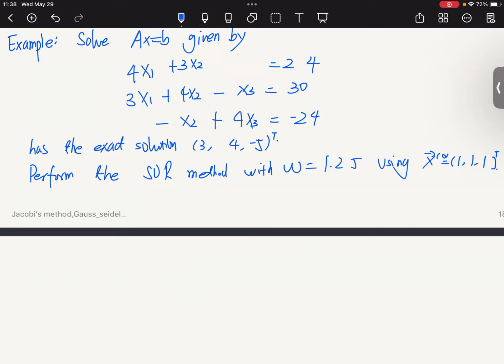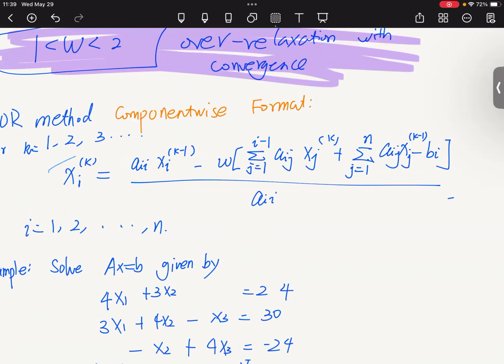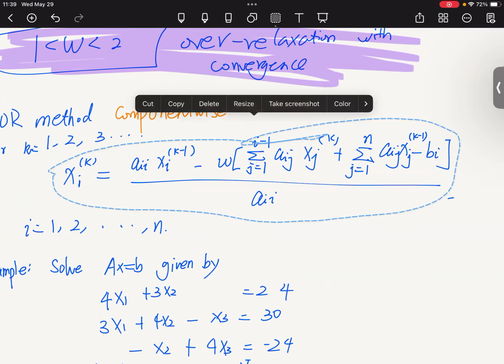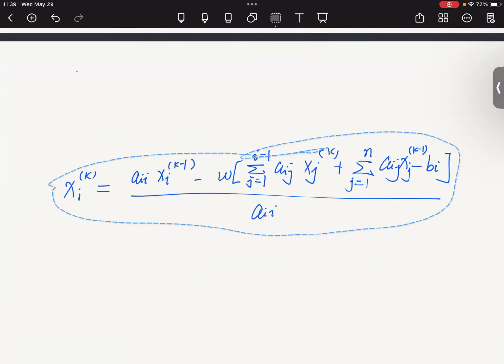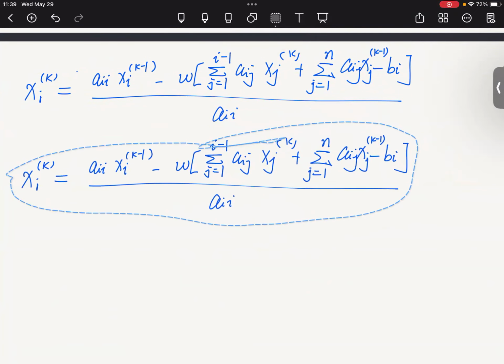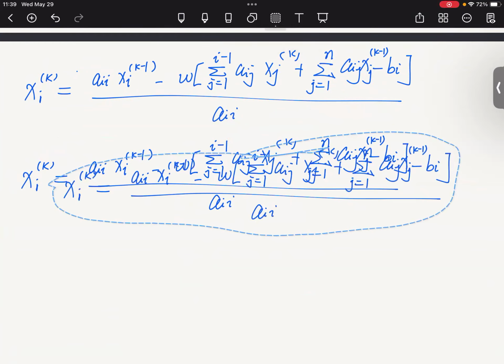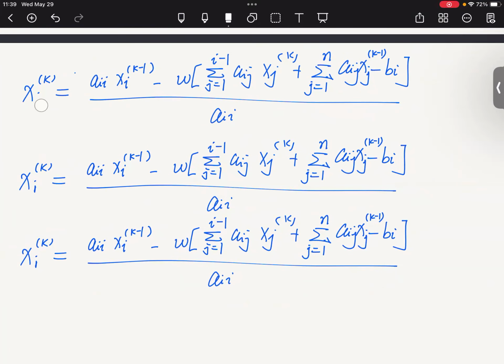On the left-hand side, I'm going to copy the formula here. You can do some copy and paste as well. I am going to copy it 3 times because we have 3 components. For the first one, I'm going to change it to 1, 1, 1.